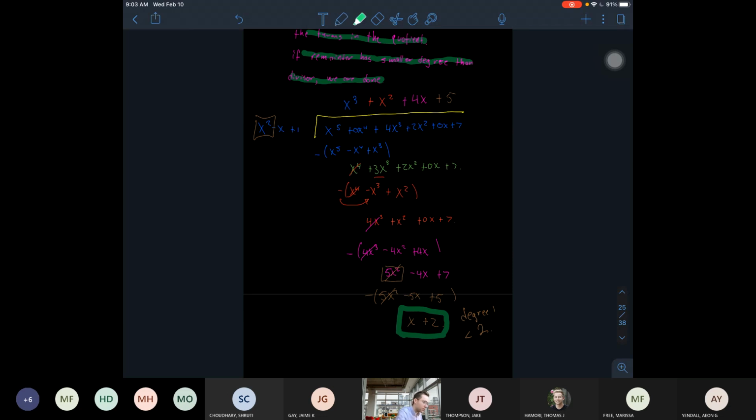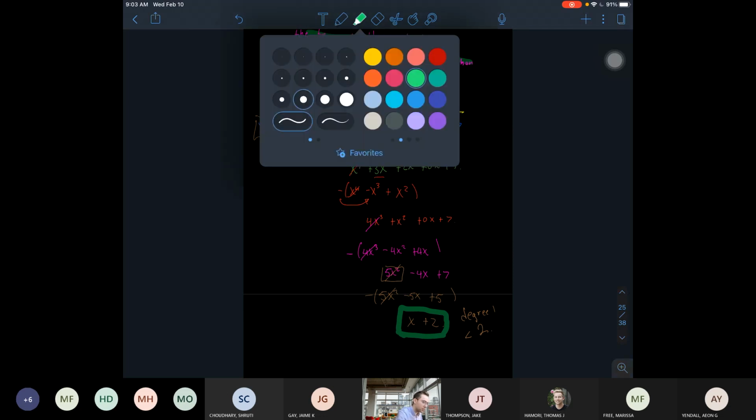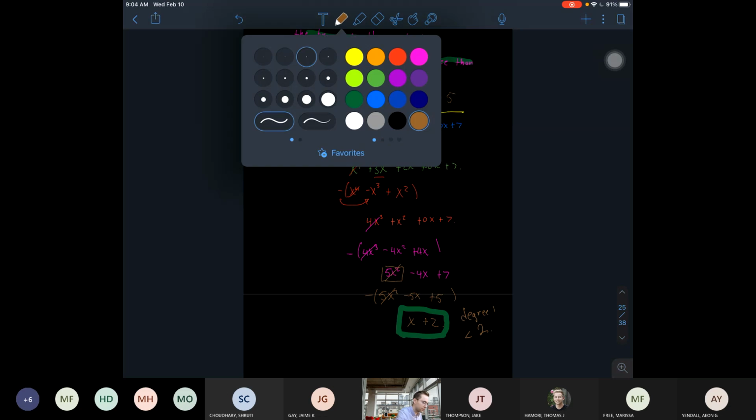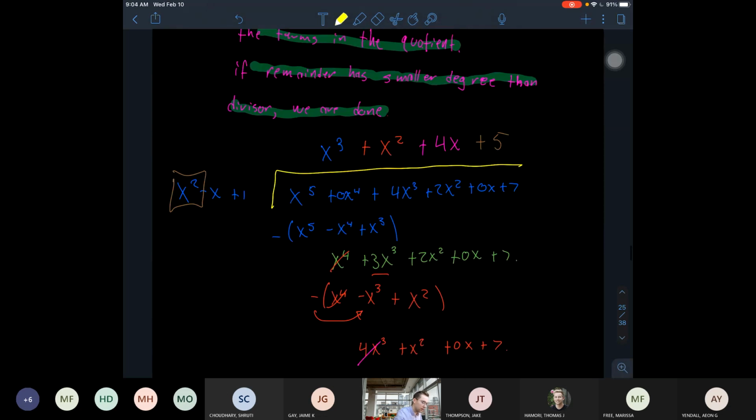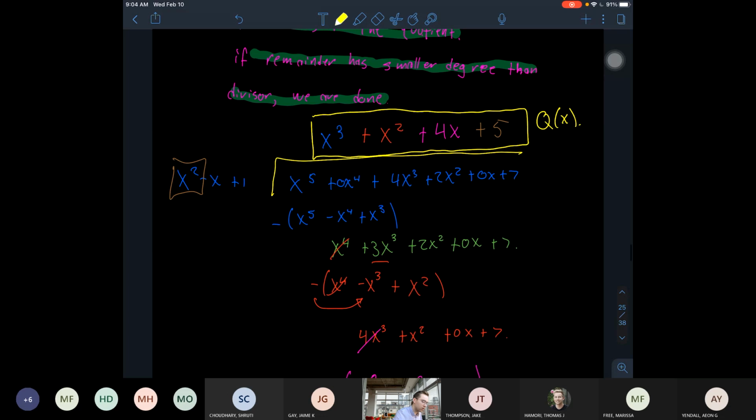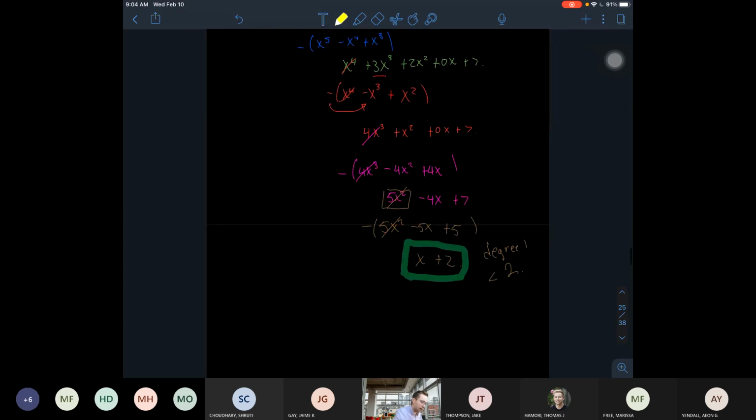And now here's what I'm going to call this. This top part up here is my q of x. And then this bottom part here, x plus 2, is r of x times d of x.